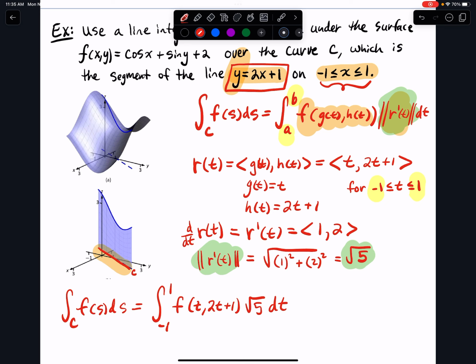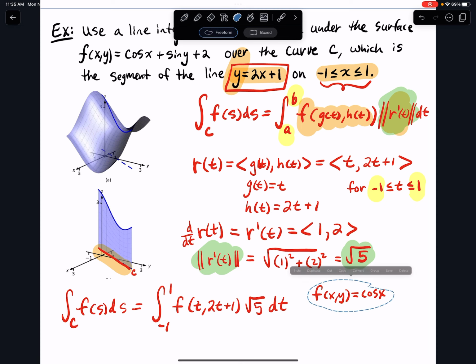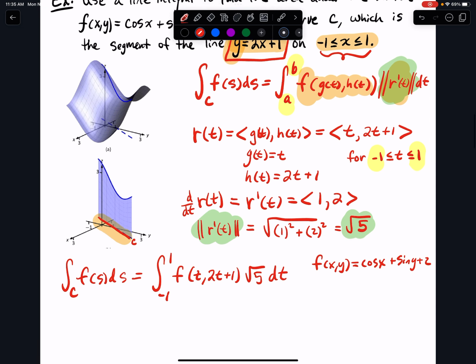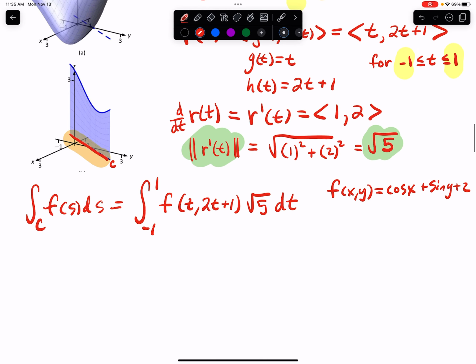Now what is f of t, comma, 2t plus 1? Well, when I look at f of xy, I get cosine x plus sine y plus 2. So for f of t, comma, 2t plus 1, everywhere I see an x, I'm going to put a t, and everywhere I see a y, I'm going to put a 2t plus 1.